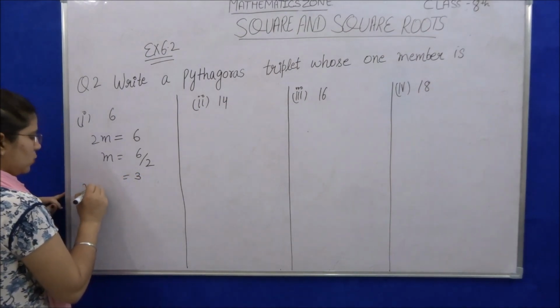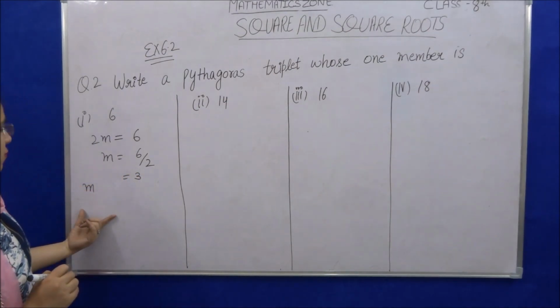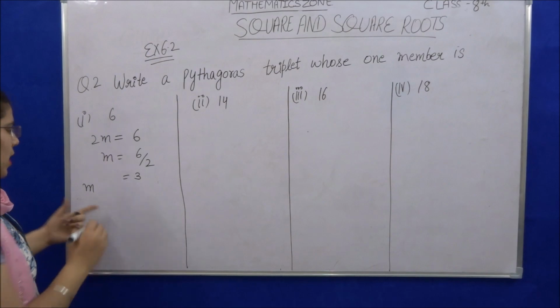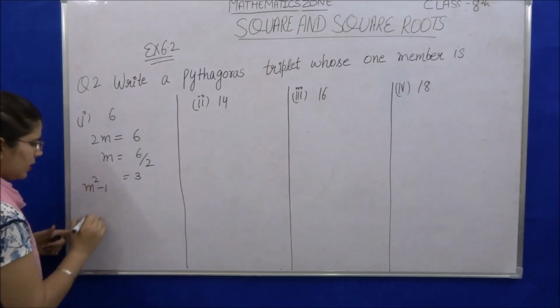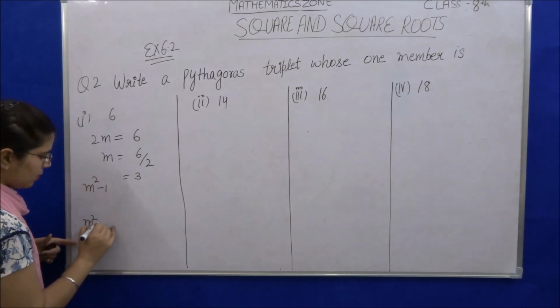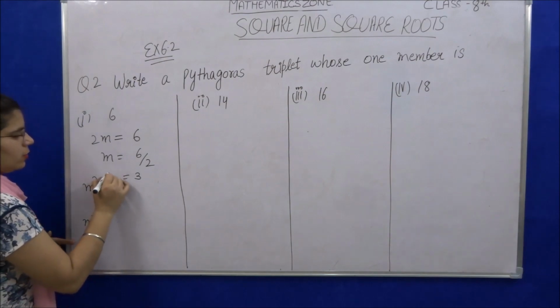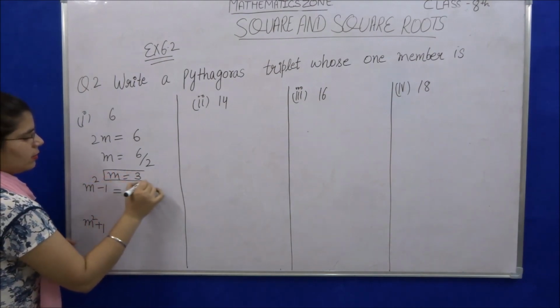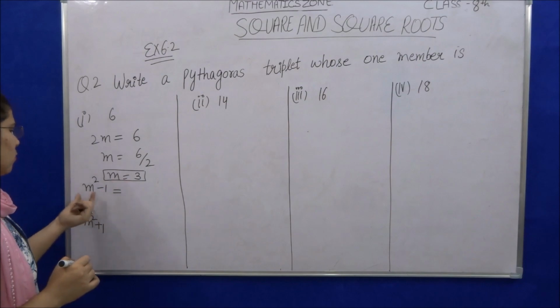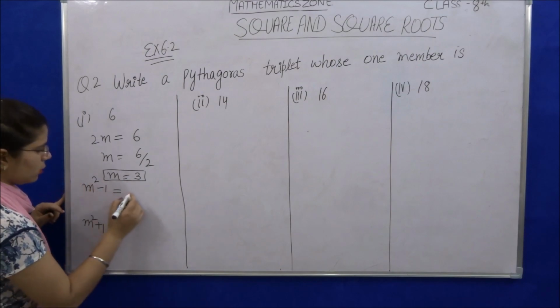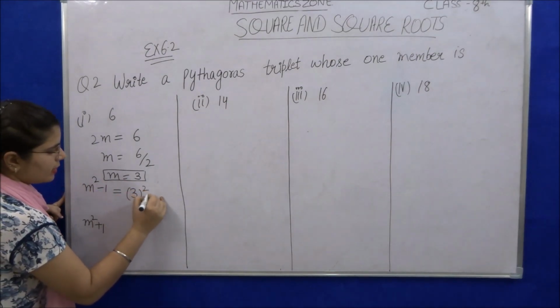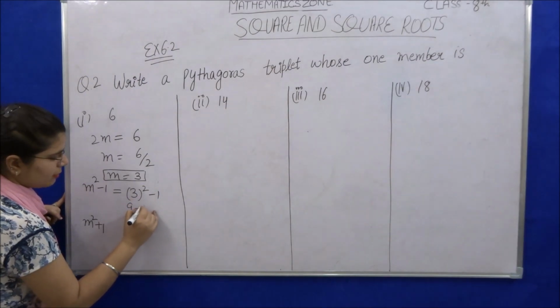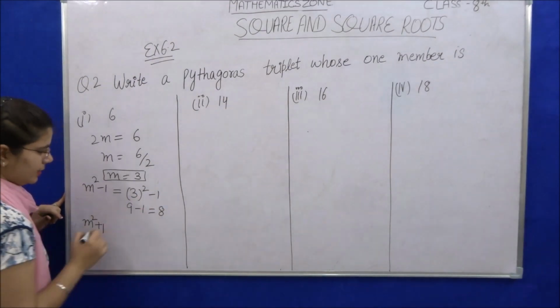Now the other two numbers can be found by using the formula m square minus 1 and m square plus 1. Now here the value of m is found by us. So we will put these values in this formula. 3 square minus 1, that will be 9 minus 1, that is 8.